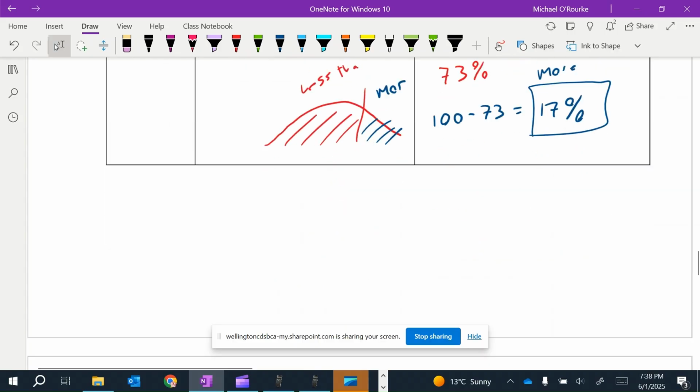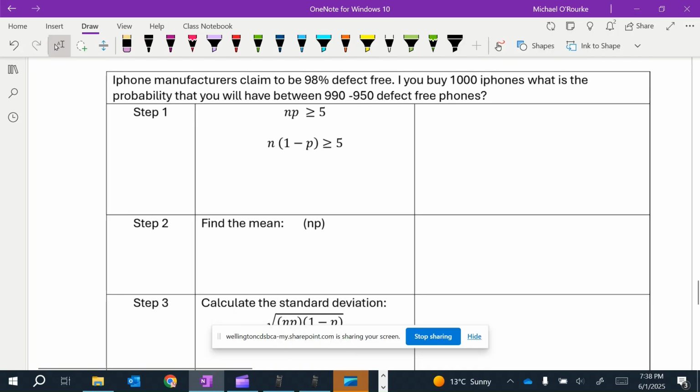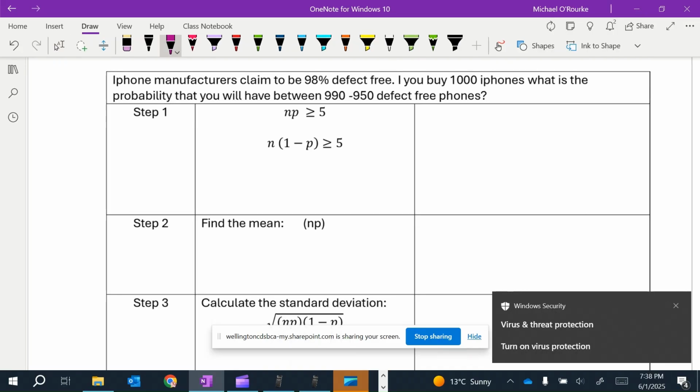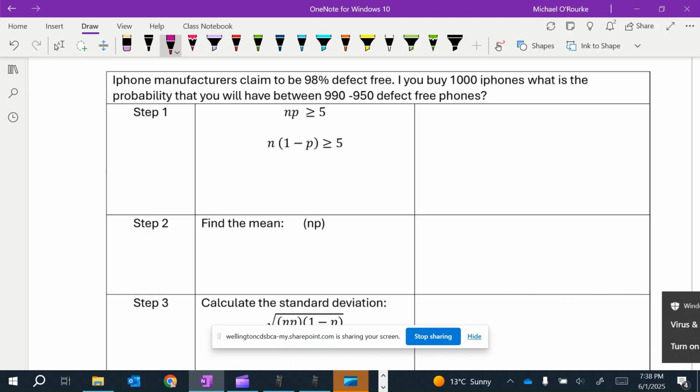Now, there's one last type of question I can ask you here. We're going to work with this one. An iPhone manufacturer claimed to be 98% defect-free. If you buy 1,000 iPhones, what's the probability that we have between 990 and 950 defect-free phones? All right. So in this case, my n is 1,000.